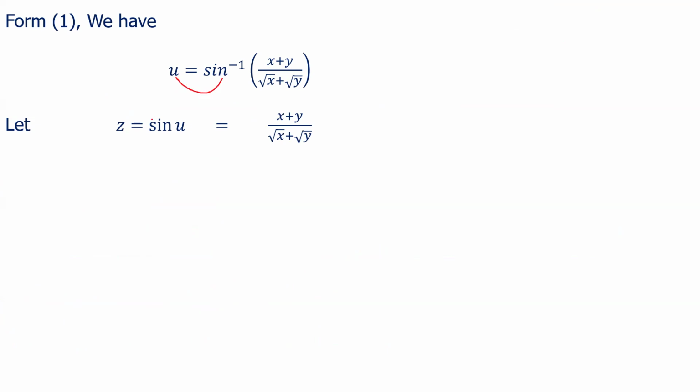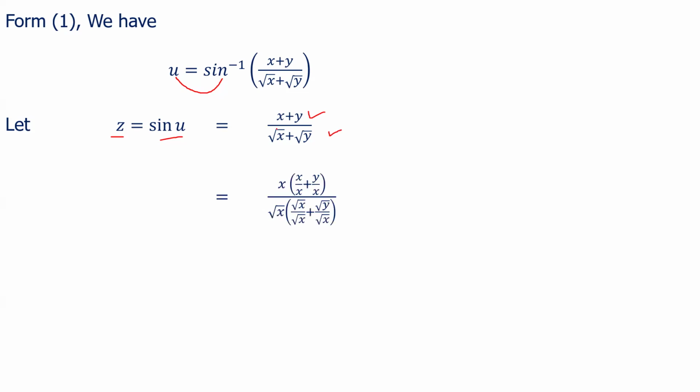From 1, we have u is equal to sine inverse of (x plus y) upon (root x plus root y). So let z be equal to sine of u, which is equal to (x plus y) upon (root x plus root y). Now we want to check whether this is a homogeneous function or not.